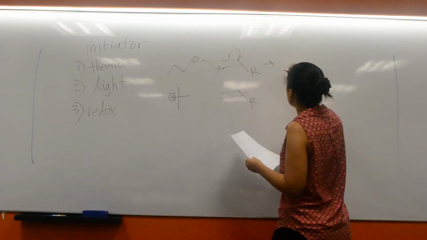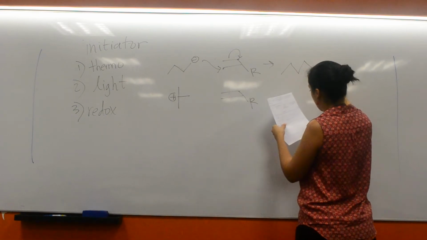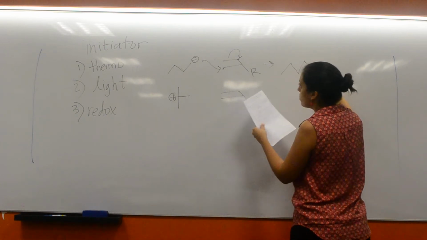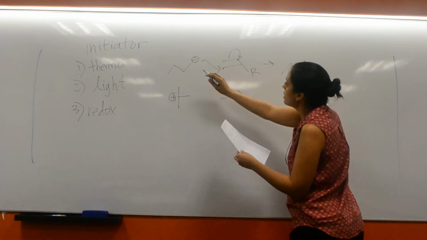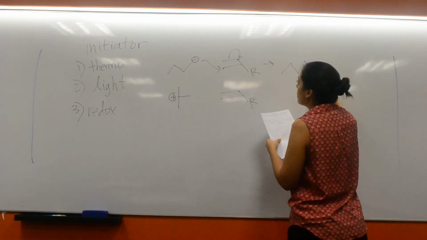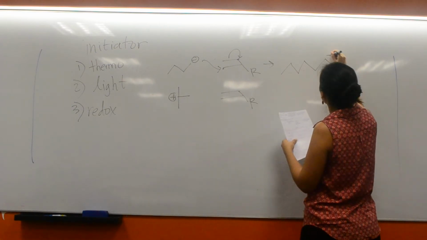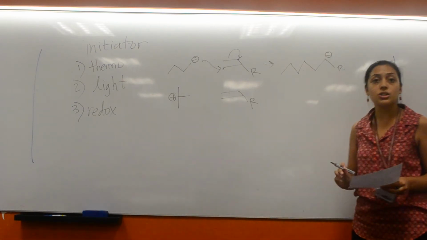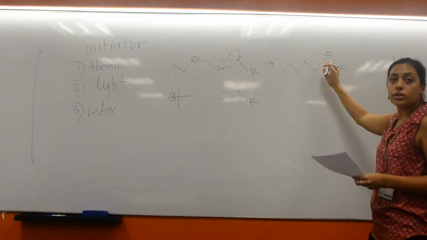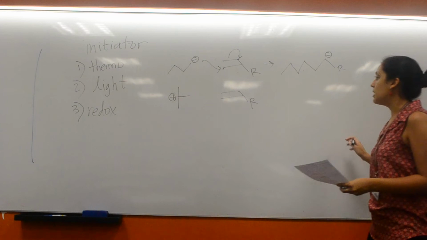And so in this case, I will then generate, complicated, another bond, and then this guy, and then this guy. Except that here, now I'm going to have a negative charge. And that negative charge is going to continue the reaction, right? And in a chain-wise fashion.